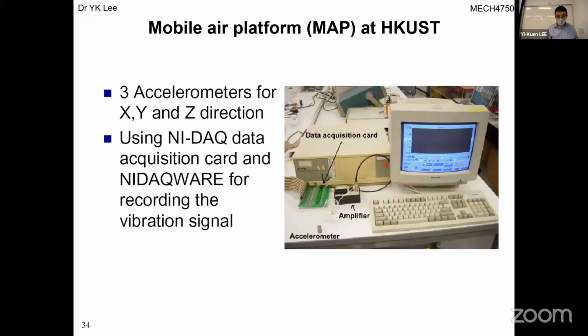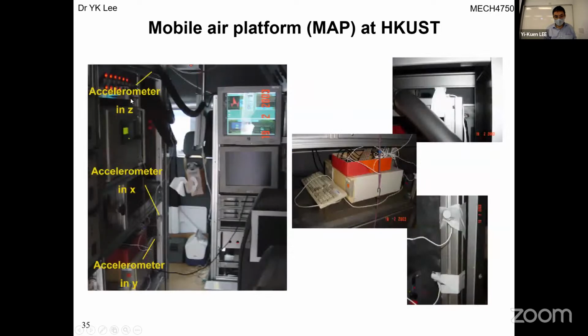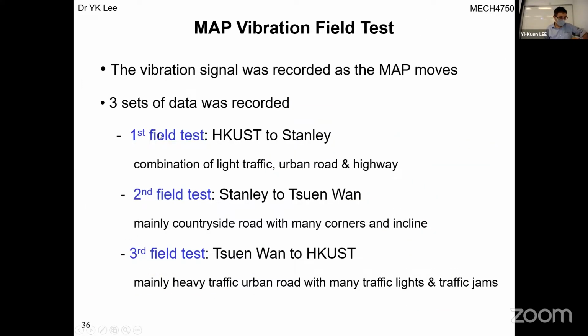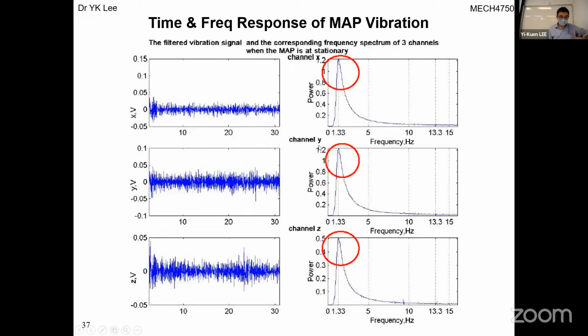And so we asked our student to mount commercial accelerometers, right? And then measure the vibration inside the car in 3 directions, going from UST to 70, 70 to 21, and 21 to UST, and measure the time response and do the frequency response analysis.